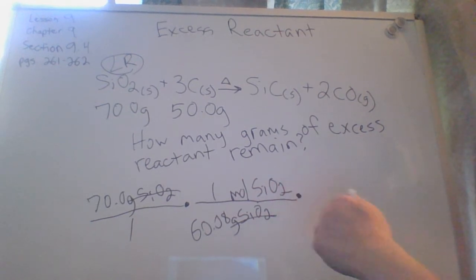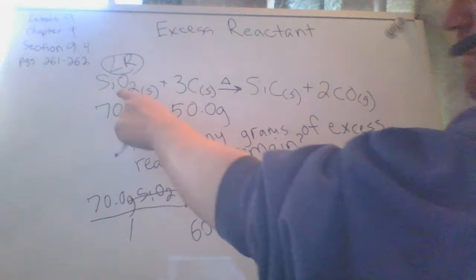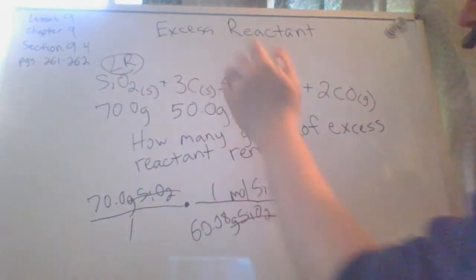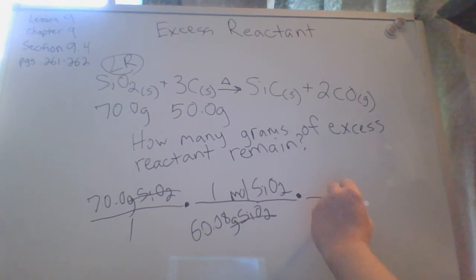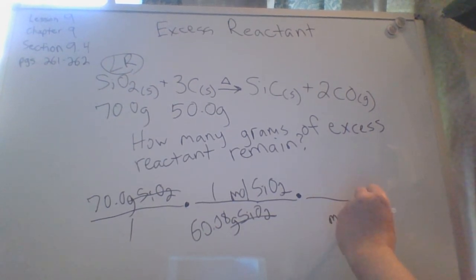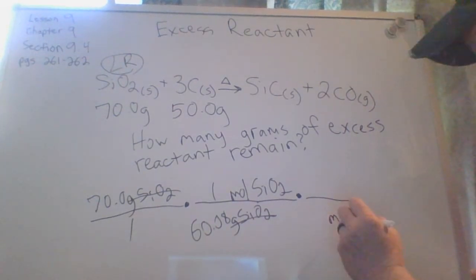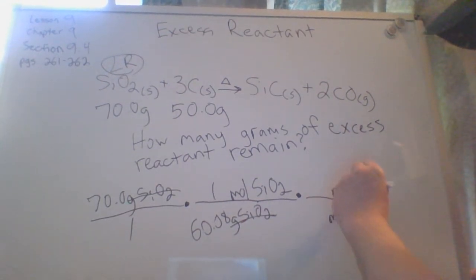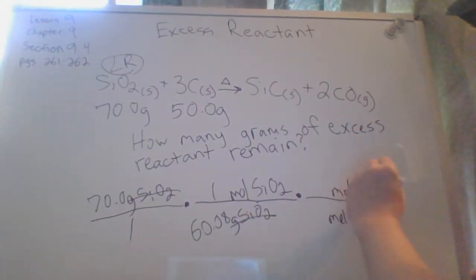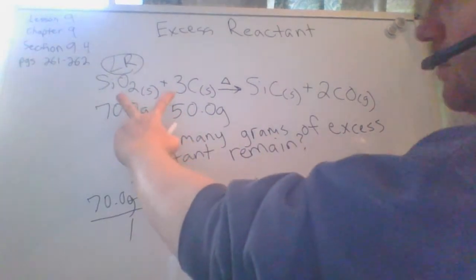Got to run out of room here. Keep in mind, we're jumping now from moles of this reactant to the other reactant. Here we go. Mole to mole ratio, piece of cake. Moles of SiO2 to moles of carbon. What's the mole to mole ratio?